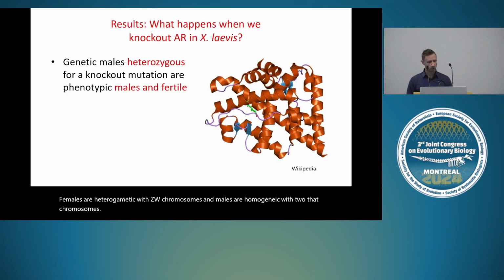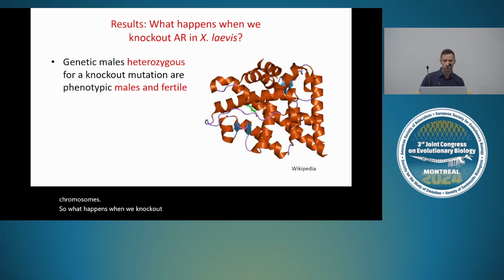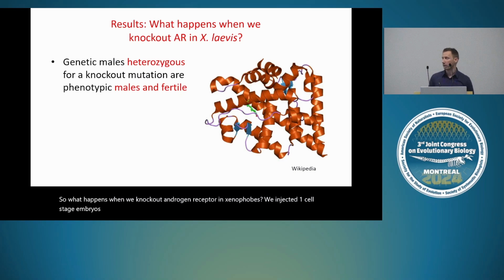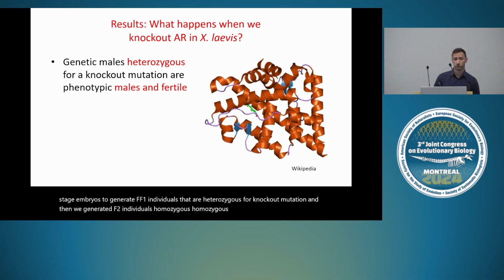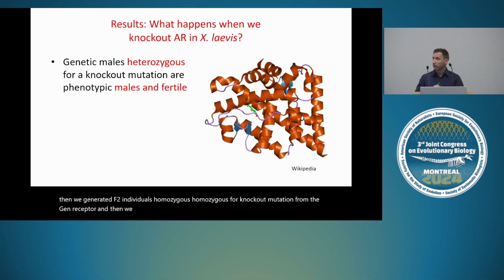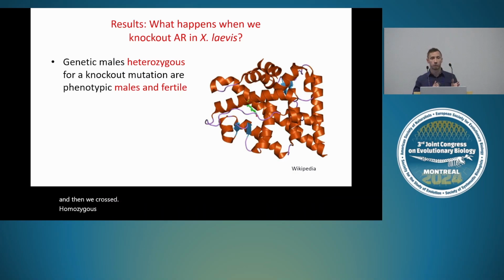So what happens when we knock out androgen receptor in Xenopus laevis? We injected one-cell stage embryos to generate F1 individuals that are heterozygous for the knockout mutation, and then we generated F2 individuals homozygous for the knockout mutation of androgen receptor. Then we crossed homozygous and heterozygous individuals to generate the F3 generation in order to determine the sex of this generation.